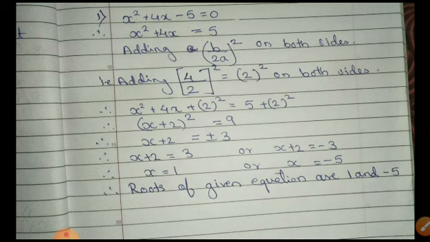And then what should be done? B by 2a, bracket square, should be added to the left hand side and to the right hand side. And then you will get the complete square on the left hand side. Simplify it and find the value of x. This is the procedure. Okay, hope this is clear.